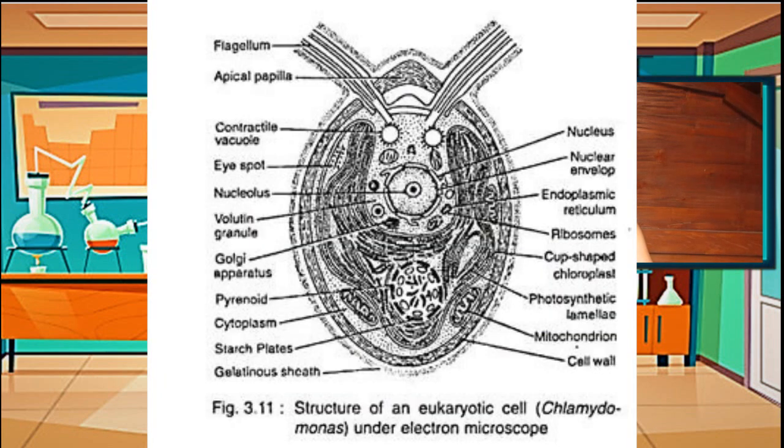The organelles are nucleus, apical papilla, volutin granule, pyrenoid, photosynthetic lamellae, gelatinous sheath, nucleolus, Golgi apparatus, ribosome, cell membrane, cell wall, chloroplast, flagellum, mitochondrion, starch plates, contractile vacuole, cytoplasm, smooth and rough endoplasmic reticulum, eyespot, and nuclear envelope.